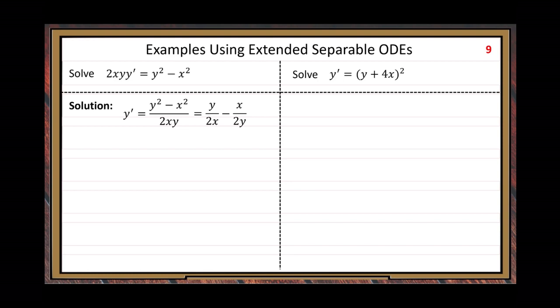Now, can you see the y over x pattern that we can take advantage of in the method we discussed last time? Y over x, f of y over x.